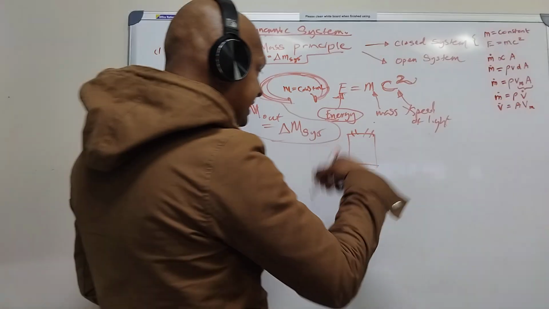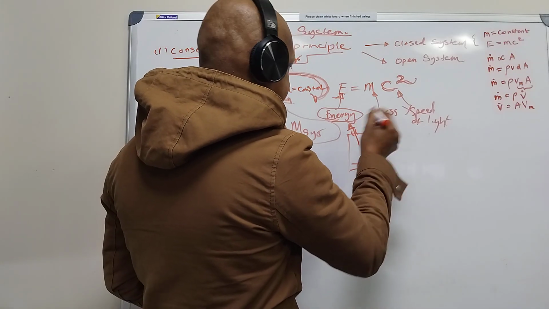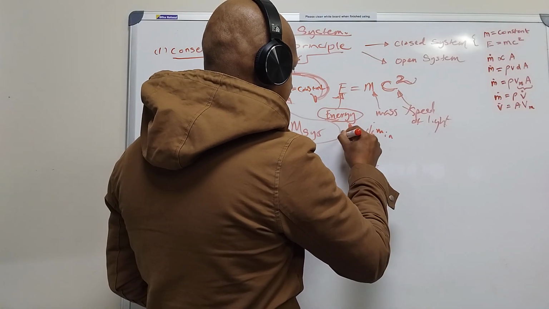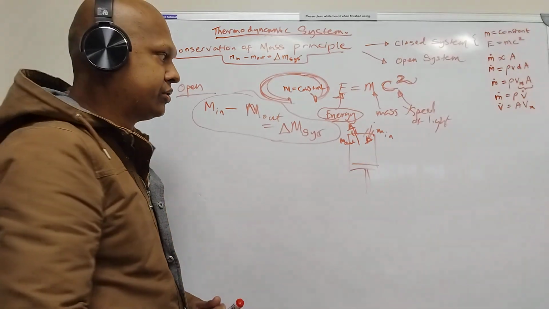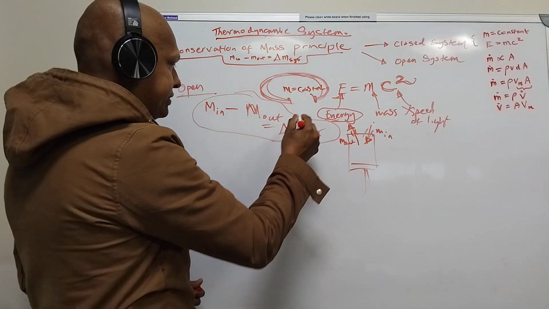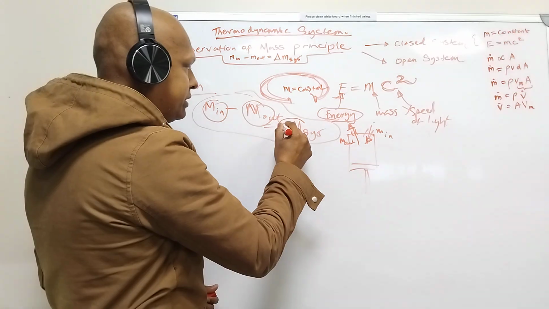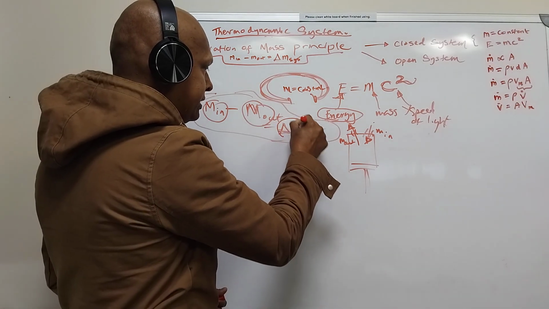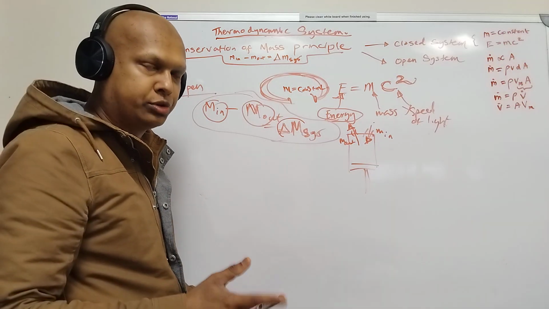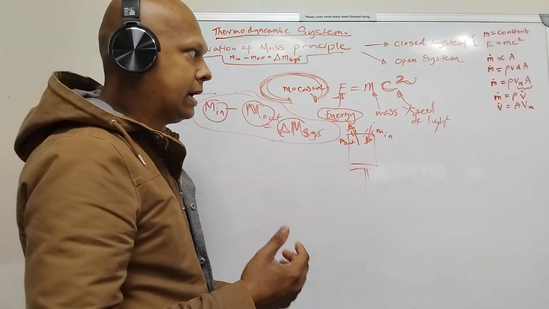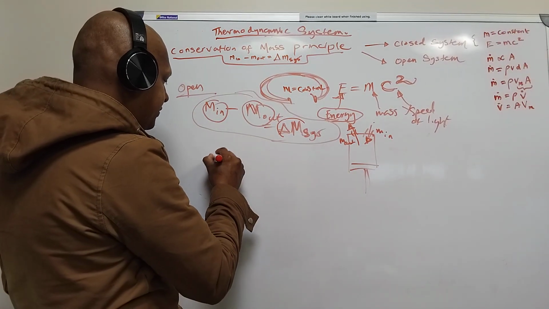The mass coming in and mass going out, m in and m out, have to be monitored in order to calculate the system mass.